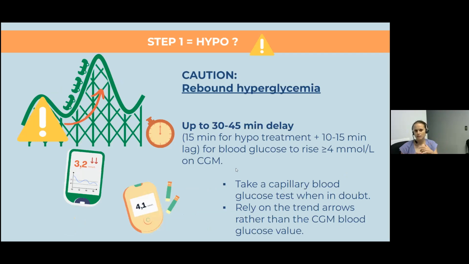It's a good time to take a capillary blood glucose level just to make sure that you're above 4 and you're not going to overtreat, because it could take up to 30 to 45 minutes with that delay for your CGM to really indicate that you're at 4 or above. During this time, you can look more at your trend arrow and also be a little more patient, and take a blood glucose measurement in case you're in doubt, because again, around that time it's a little less precise. So it's important to be careful.